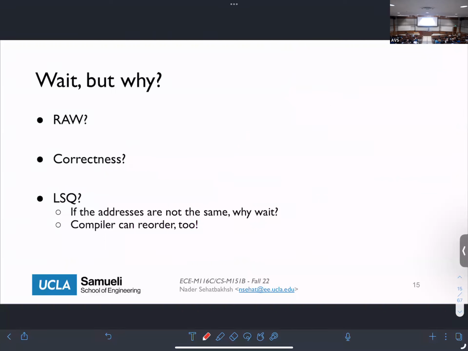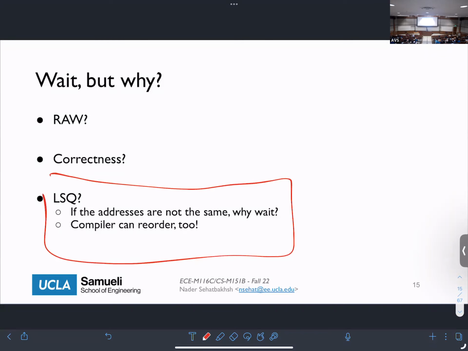This is not a correctness issue either, because this is completely valid and legal transitions of instructions. Cores can be different, one core might be faster, one core might be slower, and so forth. The reason that we had the last one was because of these load store queues.